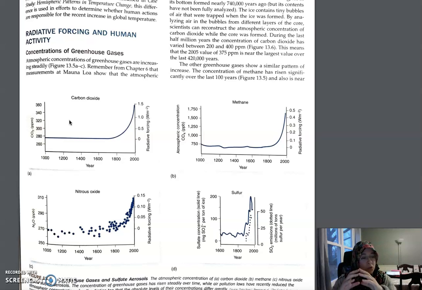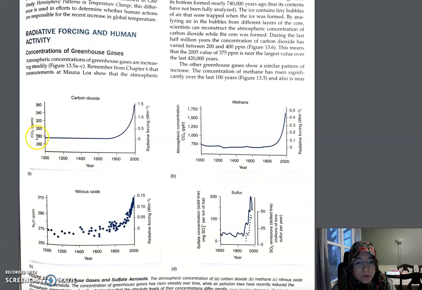Since the solid ice has little holes in it, a little bit of carbon dioxide is trapped in it, and they start measuring the concentration of carbon dioxide, methane, nitrous oxide, and sulfur from these Greenland and Antarctic ice samples.